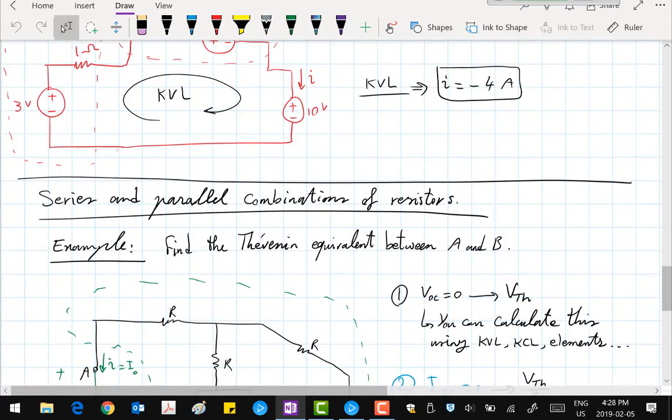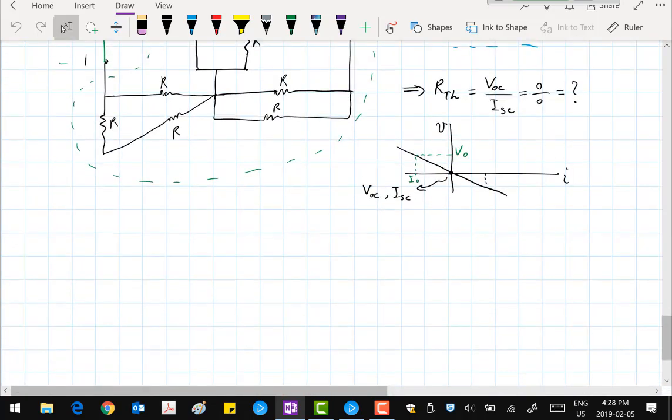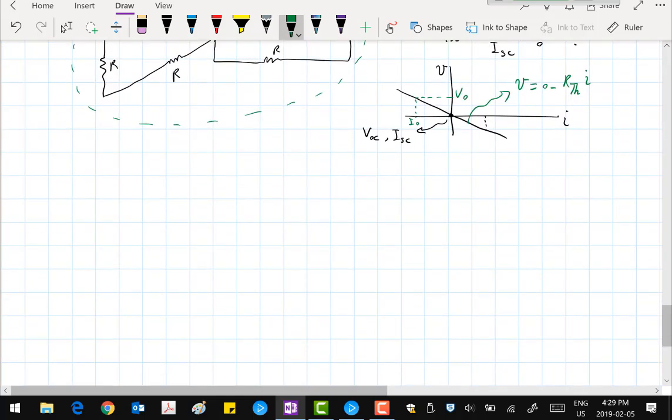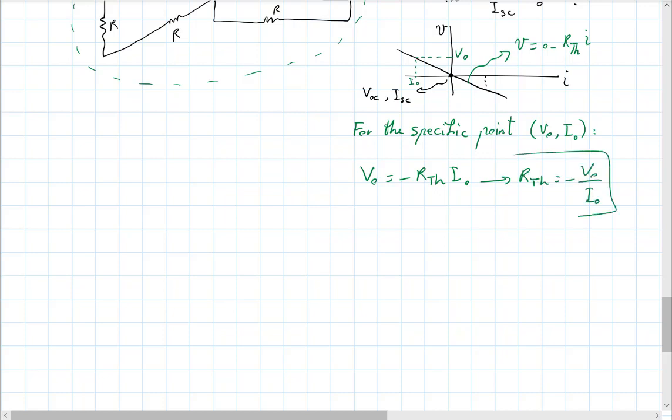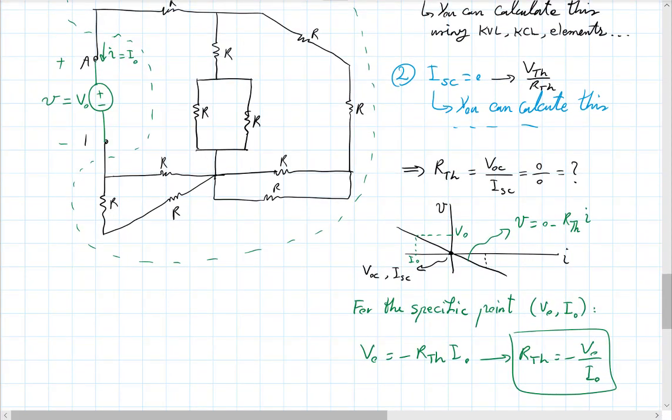In this particular case, because it's going through the origin, the equation is simply V equals 0 minus R Norton or R Thévenin I. And so for a specific point, V naught, I naught, I can say V naught equals minus R Thévenin I naught.